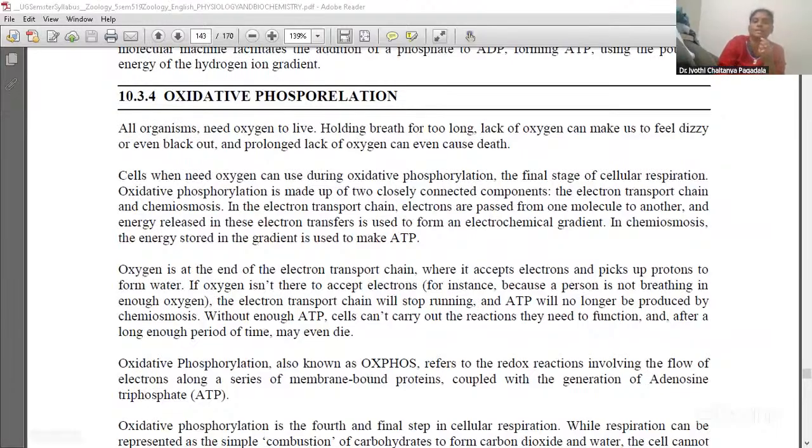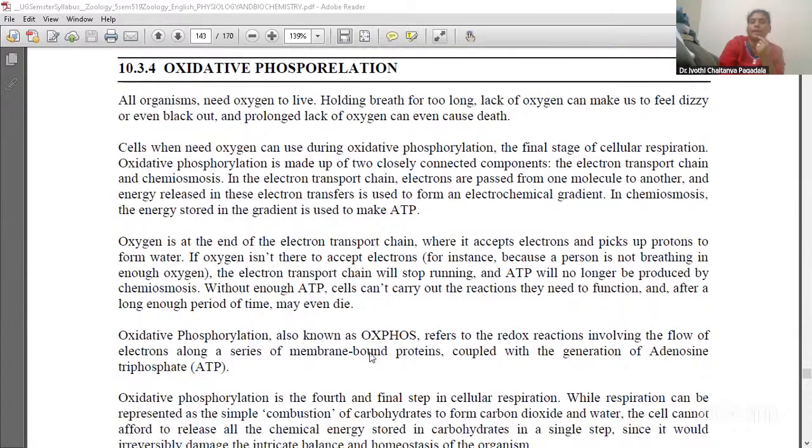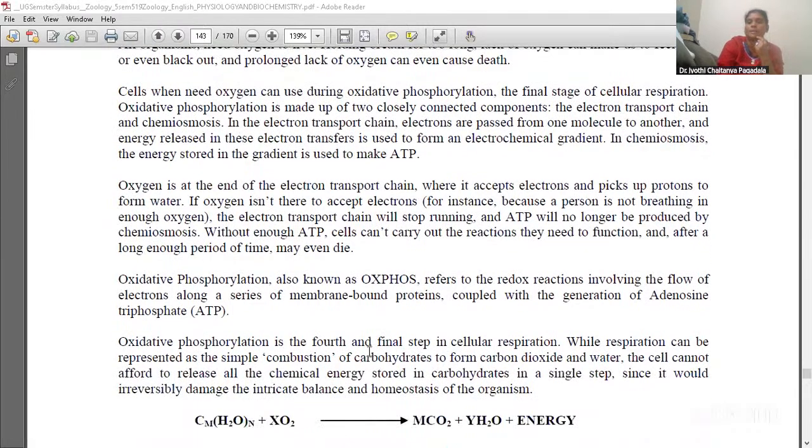Oxidative phosphorylation is the fourth and final step in cellular respiration, which can be represented as a simple reaction called combustion, where the energy is released as carbohydrates form carbon dioxide and water.